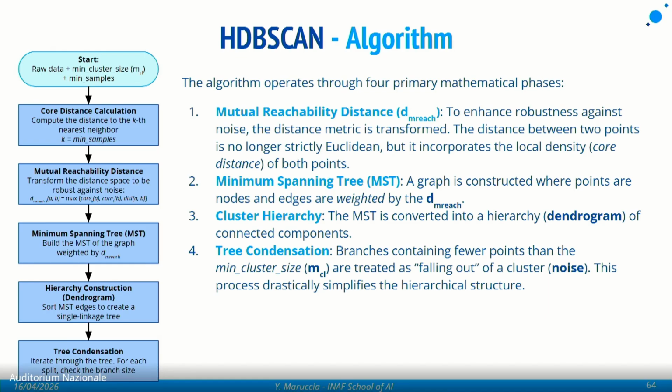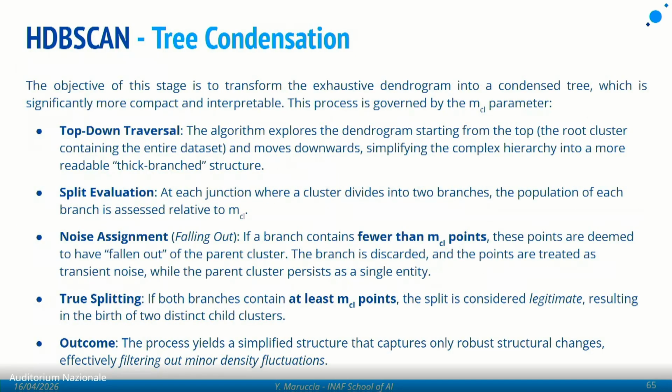If these branches have fewer points than the minimum cluster size, then they fall out. HDBSCAN treats them as noise. And so here we have the identification of outliers. In this way, we are cutting the branches, and so we are simplifying the hierarchical structure.